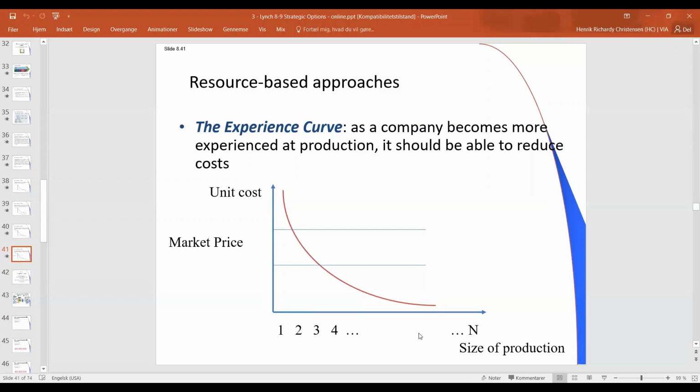You may also get large-scale advantages. And that means that on a strategic basis, even though you have a higher unit cost than the market price, then you can decide, I believe I can push this down here and become competitive. So that's also one of the ideas about the market price in this way.